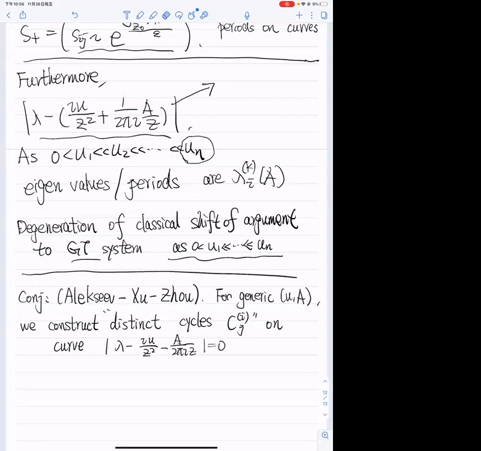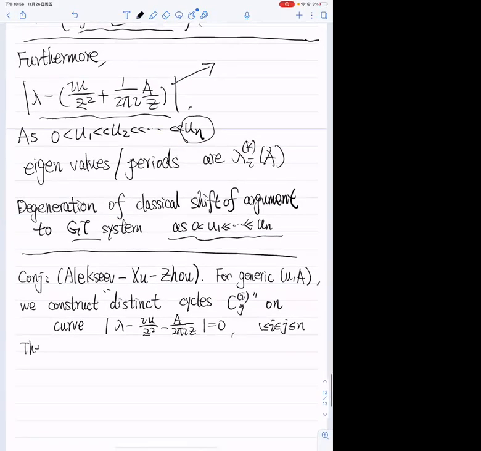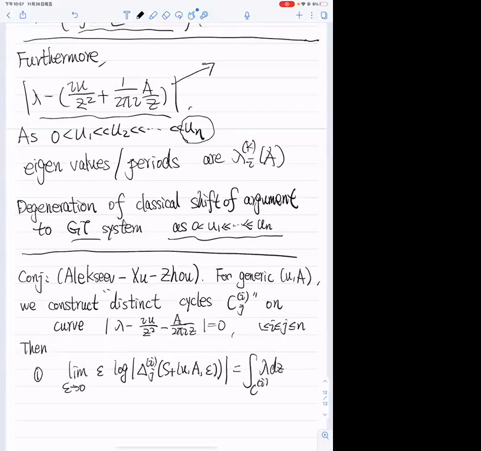We construct distinguished circles where i is less than j and less than n. And then we conjecture that the WKB leading term of the minor coordinates of the Stokes matrix at a generic U and A, not just the caterpillar point, is actually the period of the canonical one form over these distinguished circles.